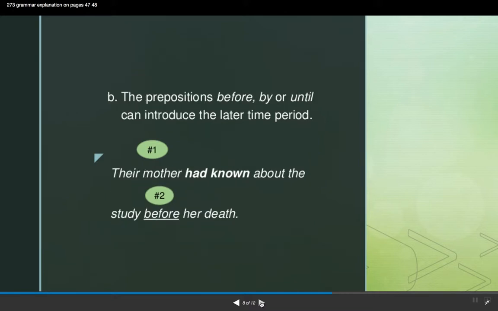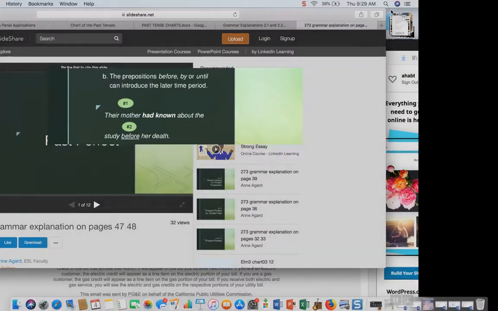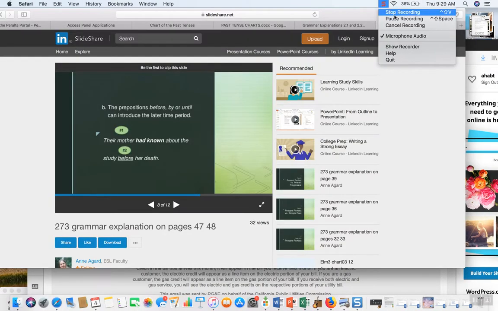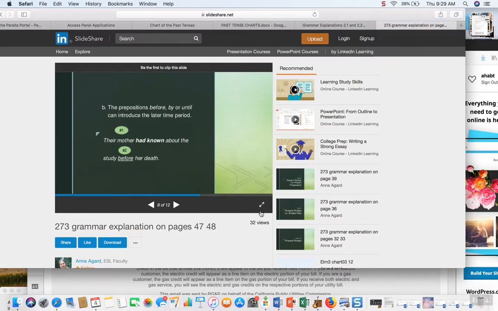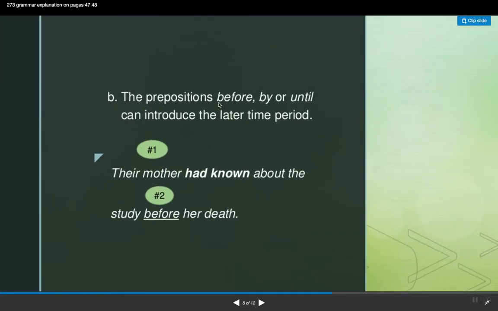The prepositions before, by, or until can introduce the later time period.